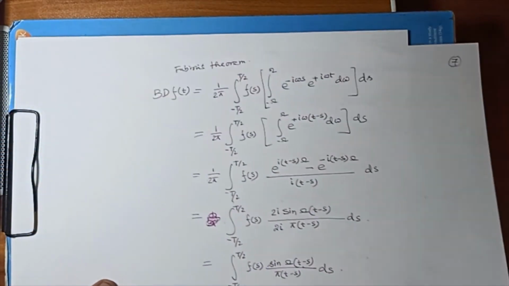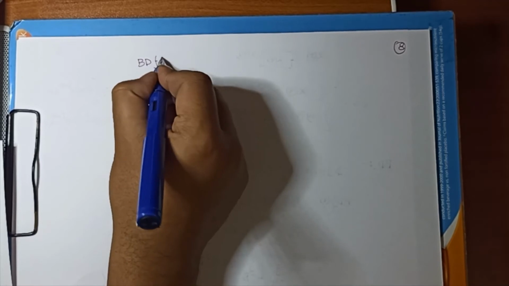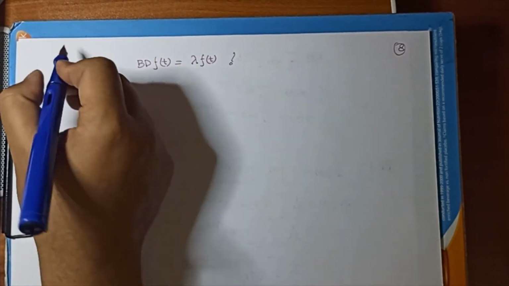Now what is the eigenequation? The eigenequation is bd ft is equal to some lambda ft. Now this is the eigenequation.